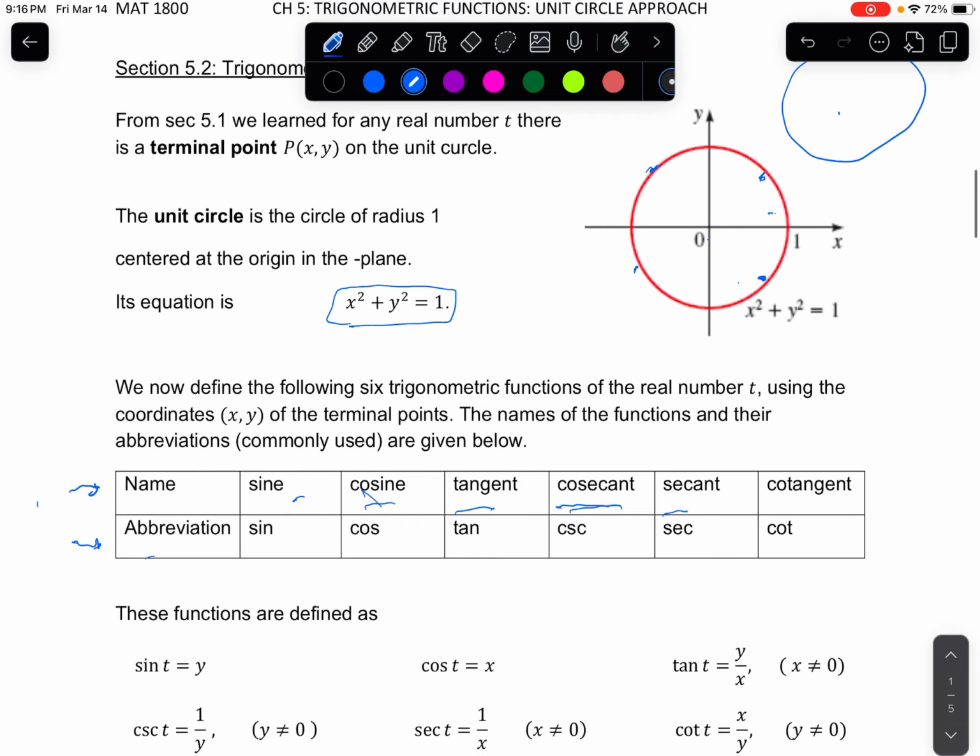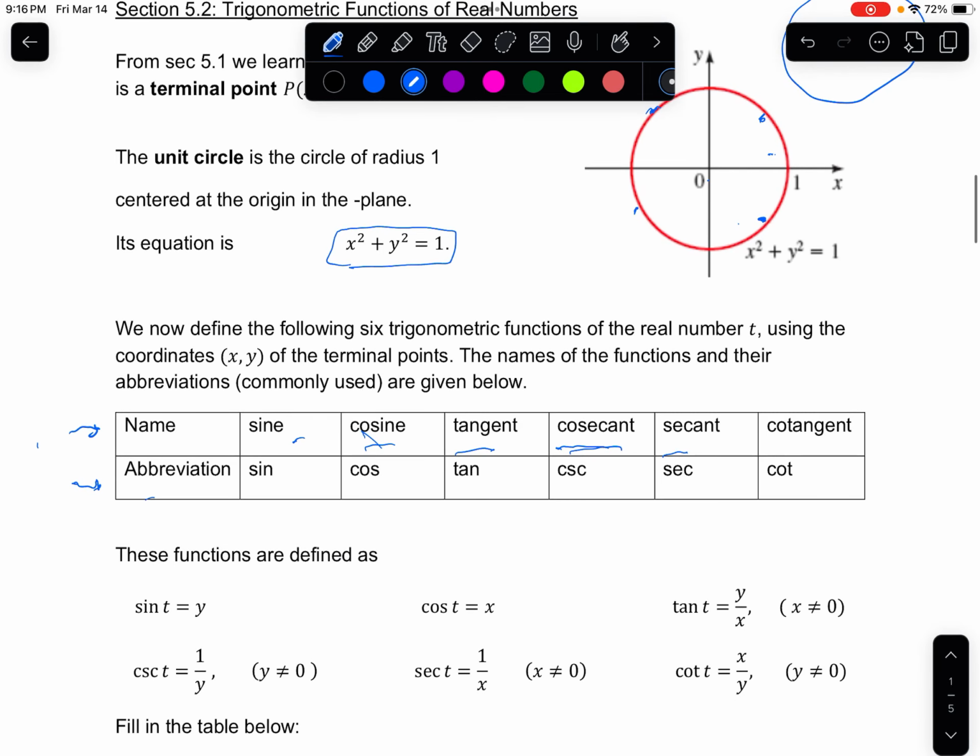They are defined like this: the sine of t, we write it as sin and then t. Sometimes we put the t in parentheses; sine of t is the same thing. It is equal to y. So what is y? y is the y coordinate of the terminal point.